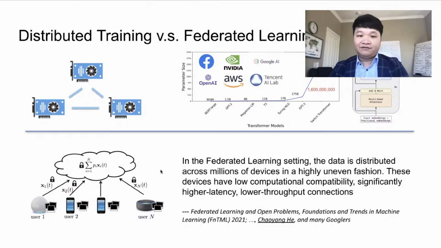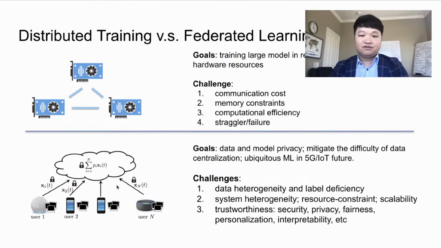Another setting is federated learning, which, as you may know, is quite different from the GPU cluster. The edge device is resource constrained, and the connection between the cloud and edge device is very unstable with limited bandwidth. So the goals of these two are quite different.